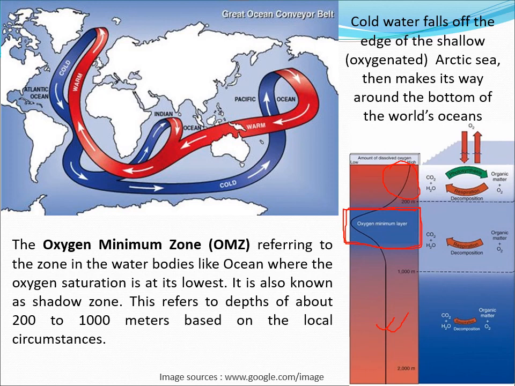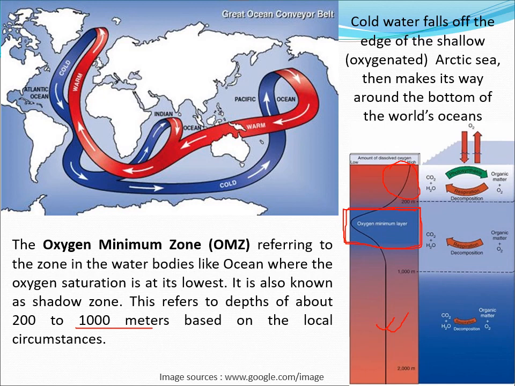That particular zone is known as the oxygen minimum zone. Okay. So the oxygen minimum zone does not occur at the extreme bottom of the ocean column, but occurs from below the photic zone to about 500 to 1000 meters. And this depth varies depending on local circumstances.